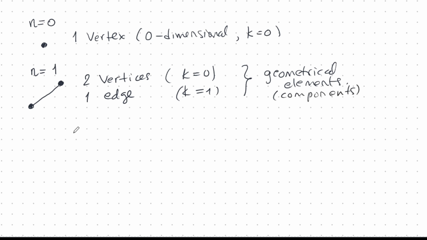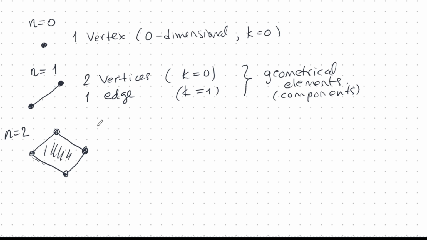Okay, so now we take this object and we move it in some direction like this, stretch it out, and look at this, we have a square. And let's look at the components of this. This is now a two-dimensional object. It has a face now, not just vertices and edges.